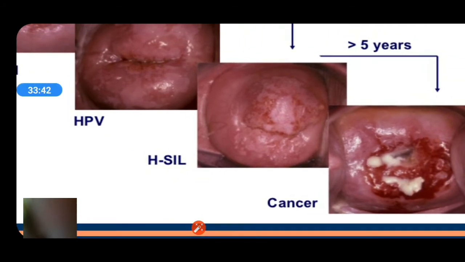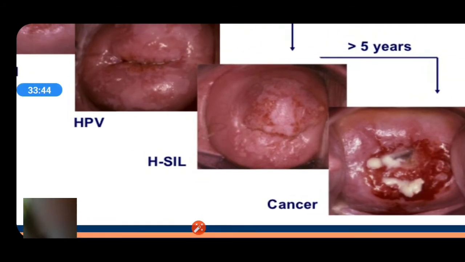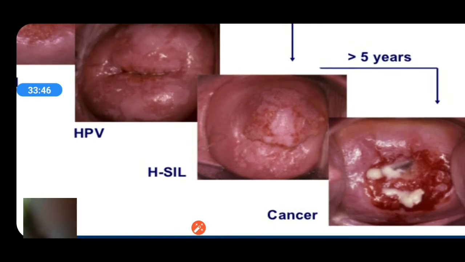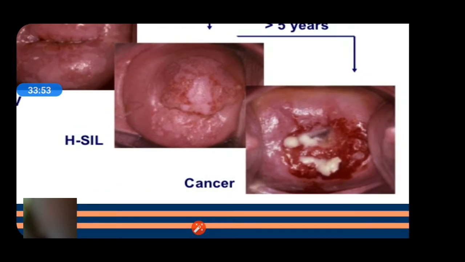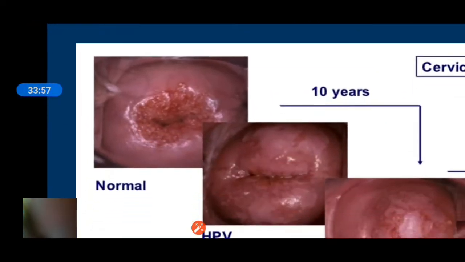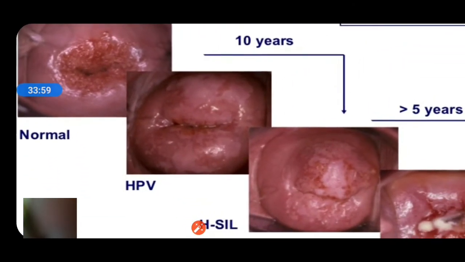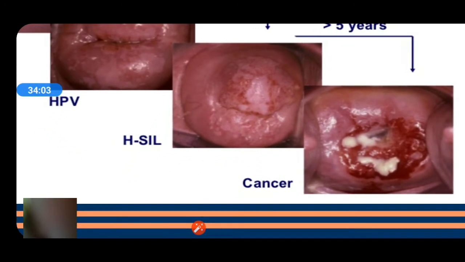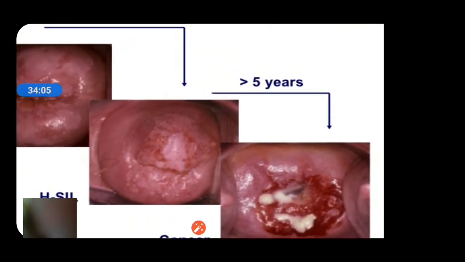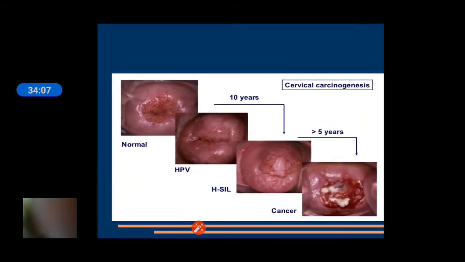This is one of the stages before reaching the severe cancerous stage, the early pre-cancerous condition of the cervix, and this is the fully developed or final stage of cancer. So these are the different stages of the cervix: normal, then HPV infection, then pre-cancerous, and then the cervix after the formation of cancer.